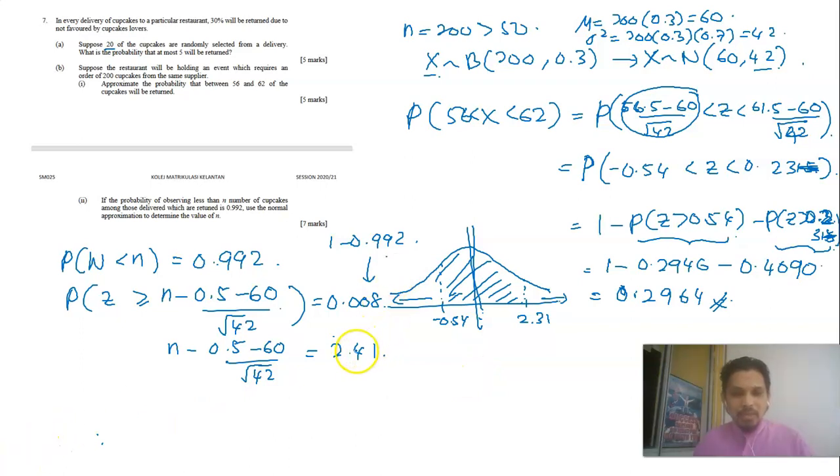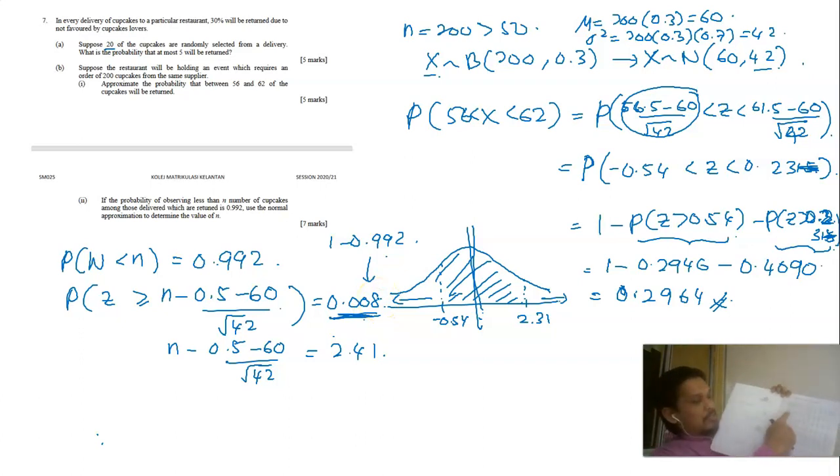So class, where do you find that 2.41? Look at this book. We find the probability of 0.008 from this book. Turn to page 21, and we find the value of 0.008 inside these boxes, the closest one.